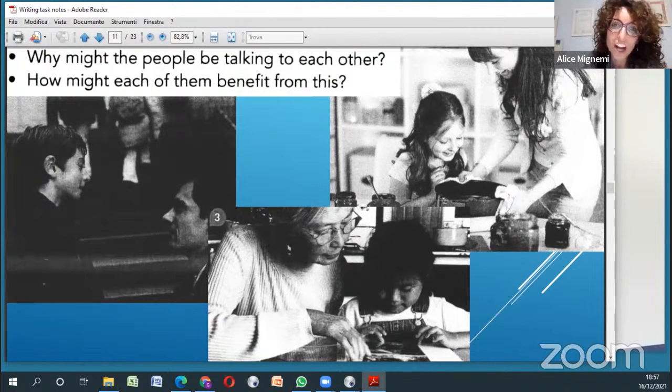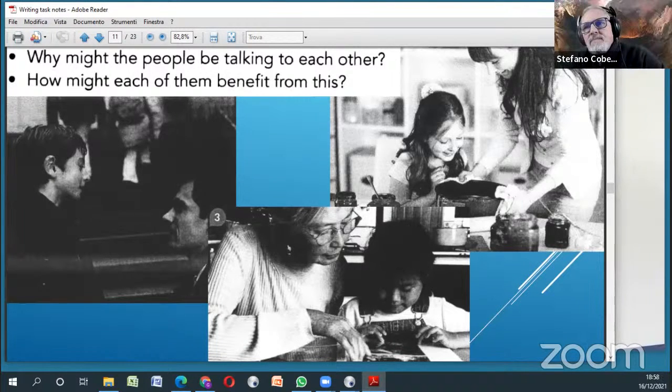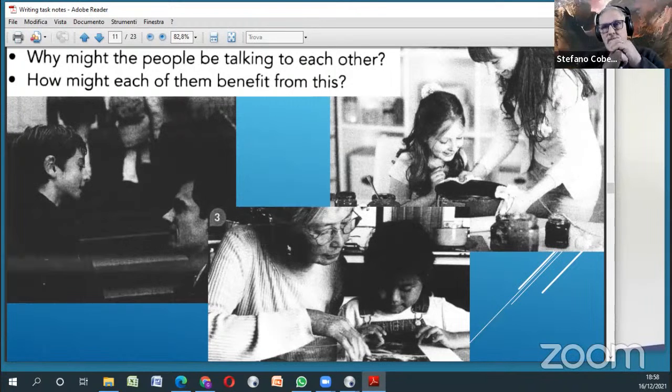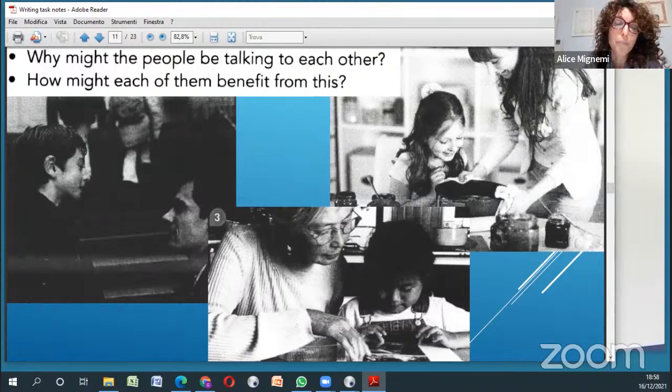Okay, with a grandchild, probably they are looking at some pictures. Probably the grandma is showing some pictures from her past. So the grandchild is curious. Probably he is asking some questions about the pictures, about the people in the pictures.